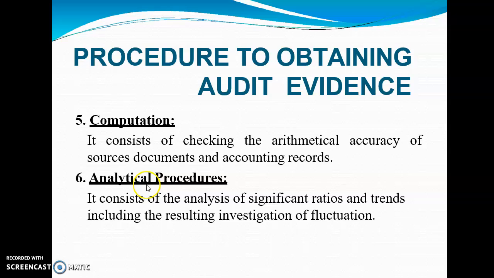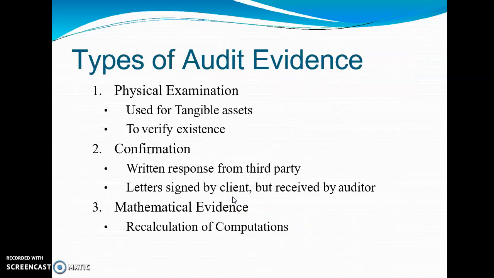And then analytical procedure: it consists of the analysis of significant ratios and trends. You see the changes of trend, which include the resulting investigation of fluctuations. Okay, types of audit evidence. The types of audit evidence are the same as the assertions you use in order to collect the audit evidence.